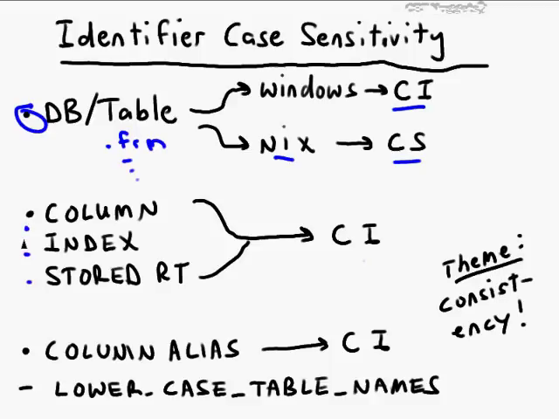For columns, indexes, and stored routines, we're talking case insensitivity regardless of host operating system. And this can be proved by logging into your MySQL terminal monitor and running, for instance, select statements against a table. You can refer to columns in that table using uppercase, lowercase, or mixed case. Doesn't matter a bit.